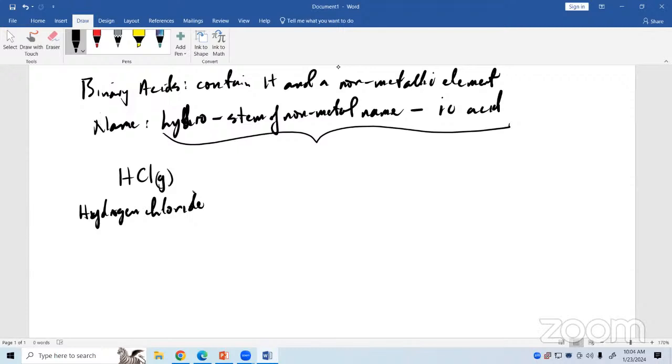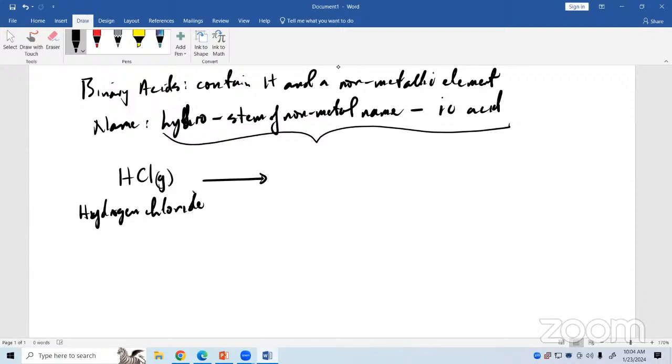You'll notice, for example, there are no prefixes in this, and that is one of the rules concerning hydrogen compounds containing nonmetals. So hydrogen chloride would be an example of that. There are no prefixes, so the name is simply hydrogen chloride, not hydrogen monochloride, all right? So that's the name of this compound in its gaseous state.